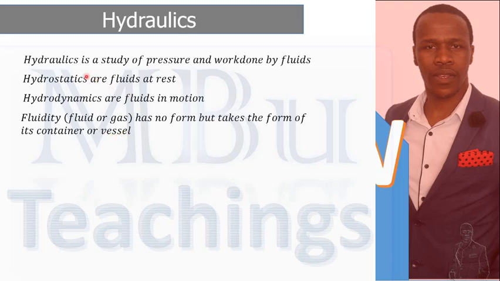Then, since we said hydraulics is a study of pressure, let's find out what this pressure actually is, and the formula to calculate it. The formula to calculate the pressure is P equals rho g h. That sign is rho, it's not P. Rho is the density, and the density for water is 1000 kg per cubic meter.